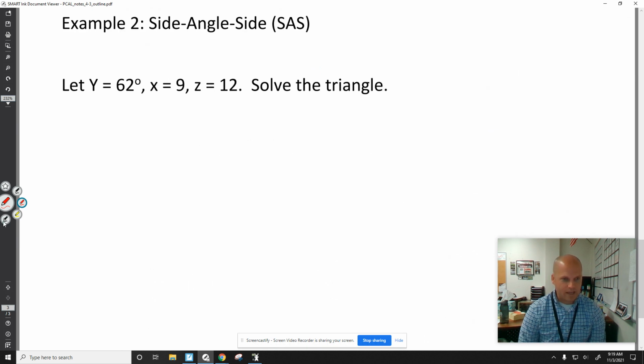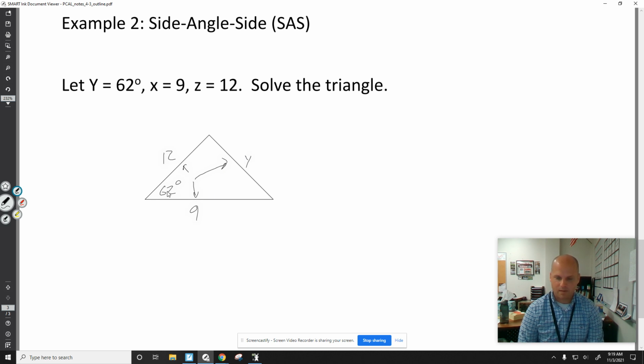All right, now if we have a side angle side, let's see how the law of cosines works here. I'm going to say this is Y, this is 62 degrees, this is X, this is Z. So I have this side angle side relationship. I set up my trident: this side length Y is opposite my angle.